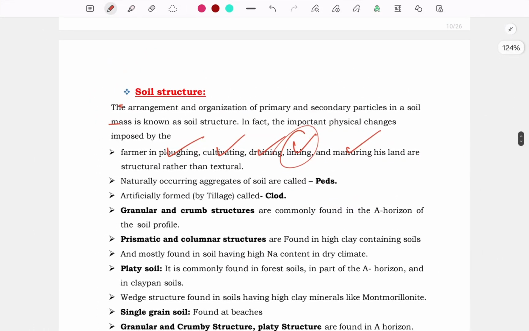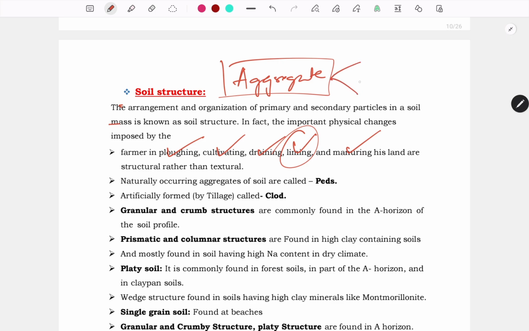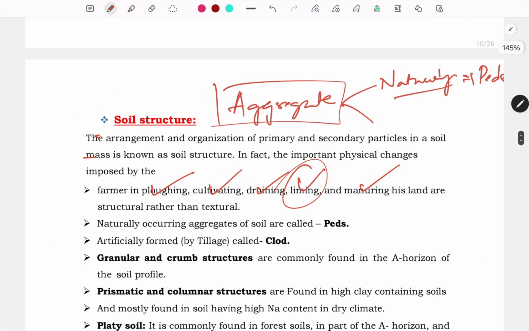There are aggregates in the soil. Aggregates are nothing but an accumulation of soil particles. If the soil aggregate forms naturally, it is called peds. If the soil aggregate is artificially formed by tillage activity, how does tillage form a soil aggregate?